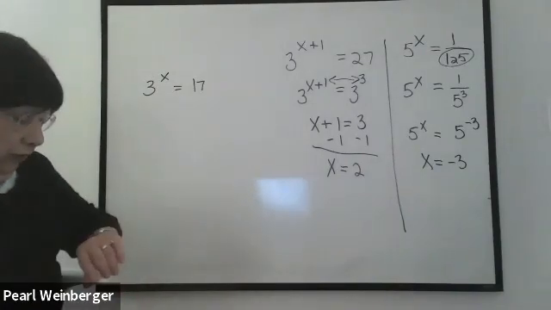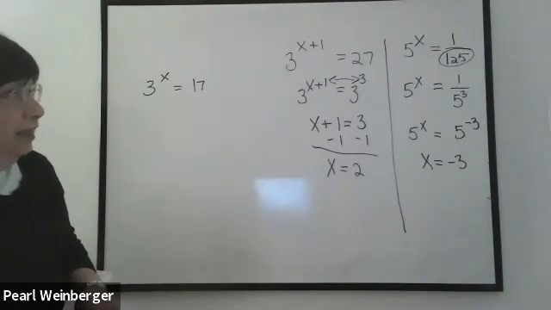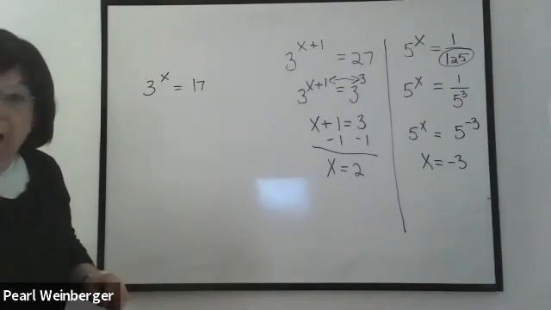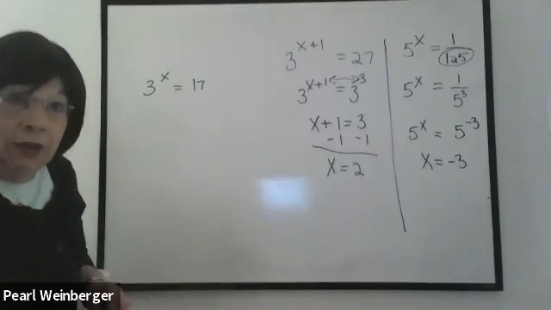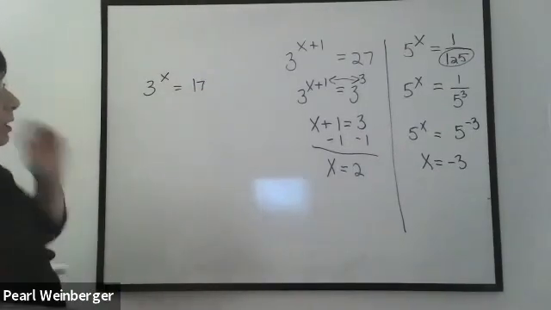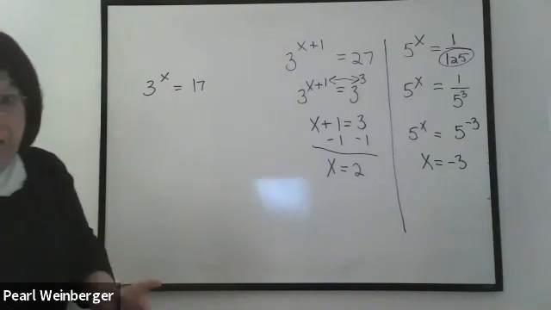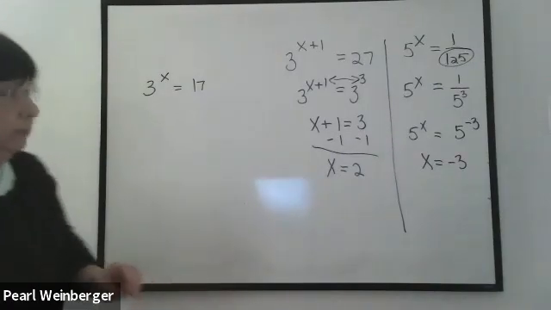It actually is an example that we do by using the log button on our calculator. And remember what the log button on our calculator is: it's a common log, base 10.